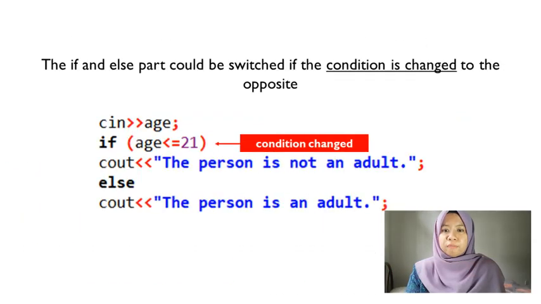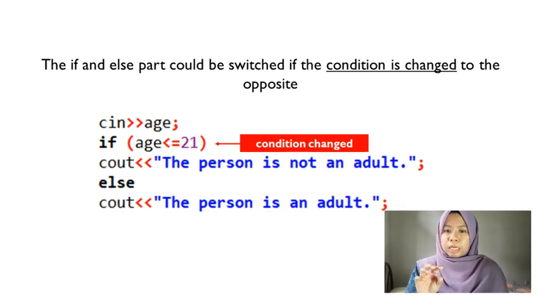Note that the if and else parts could be switched if the condition is changed to the opposite. As you can see here, I already changed the condition. In the previous example, the condition was age larger than or equal to 21.